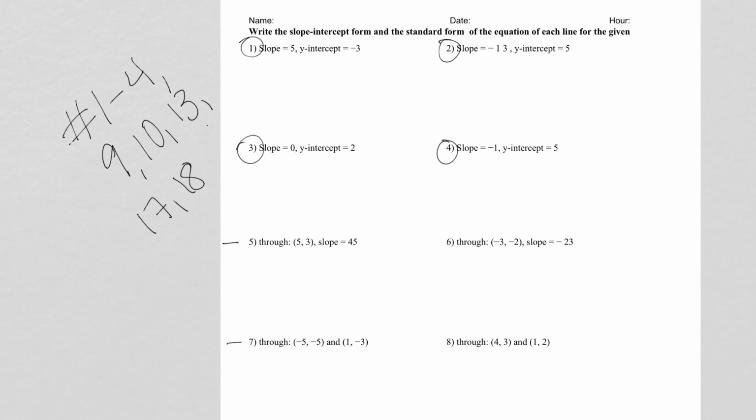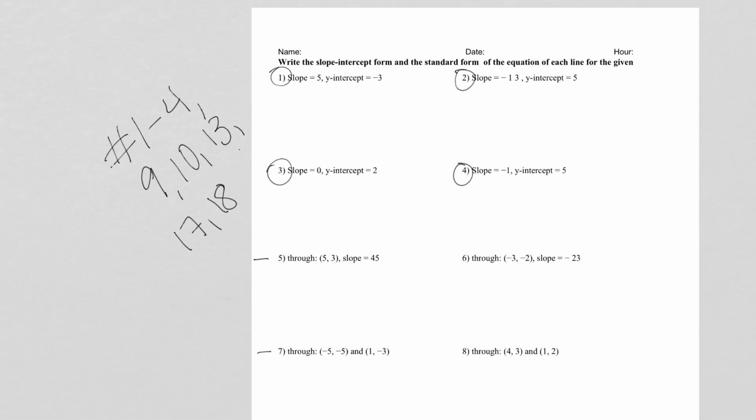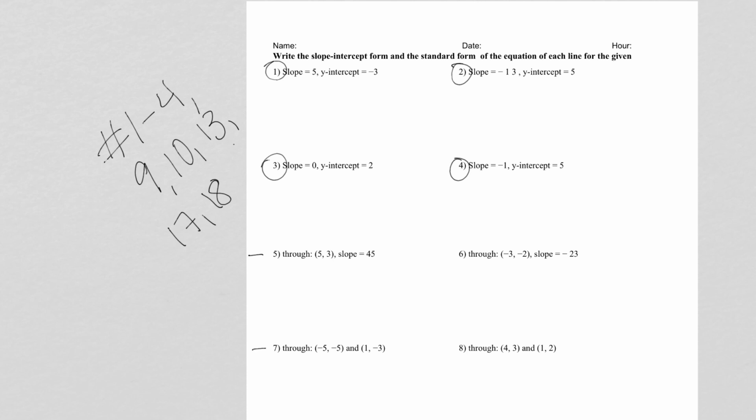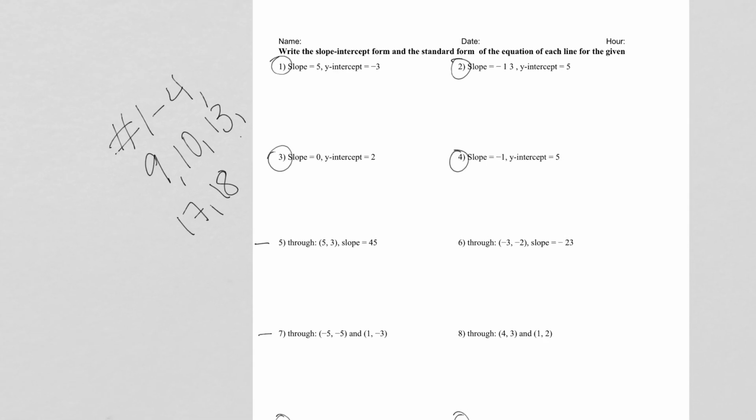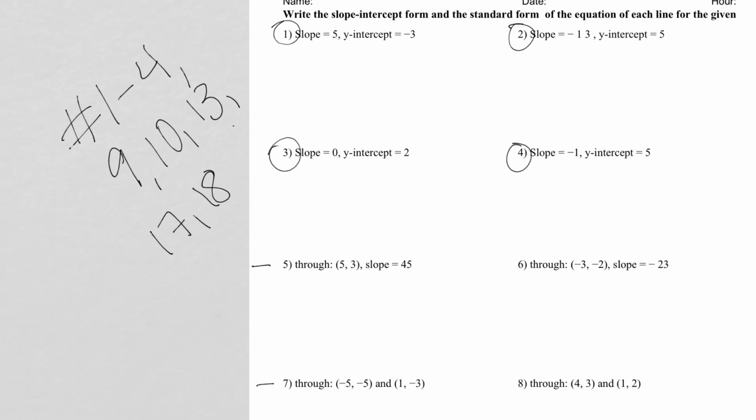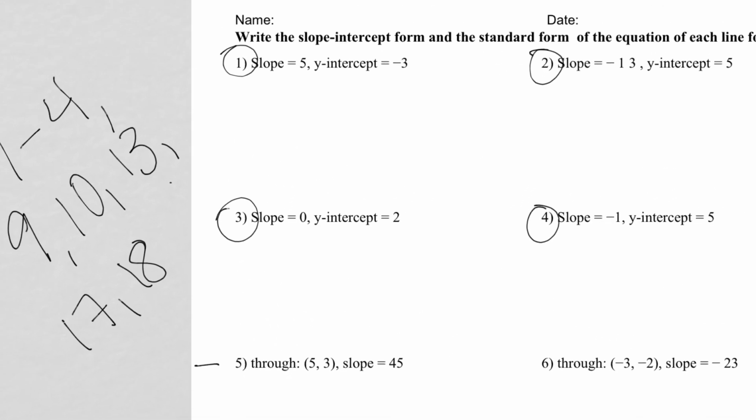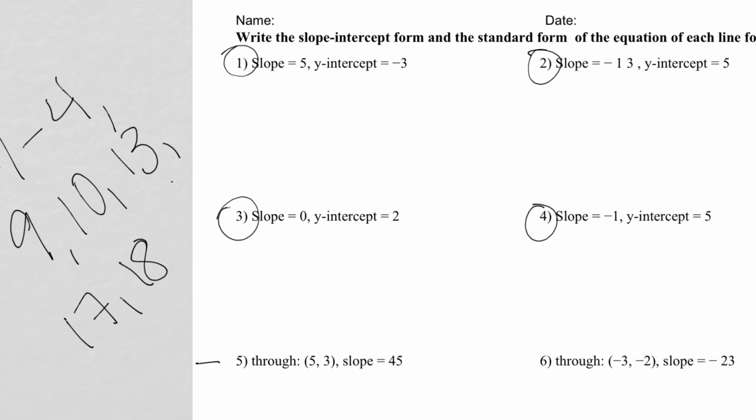So here are the numbers that I want you to do. So 1 through 4, 9, 10, 13, 17, and 18. I'm going to do number 3 because it's funky, and I want you to do 1, 2, and 4.